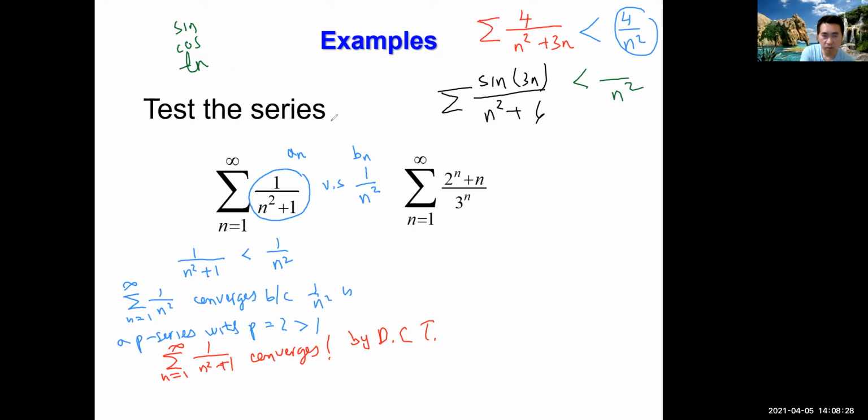But then we can compare this with what we know. Sine theta is always less than or equal to 1. Cosine theta is the same thing, less than or equal to 1. Now, natural log of x, it's a bit hard to determine which constant to compare it to. But if you recall, the natural log would go like this.